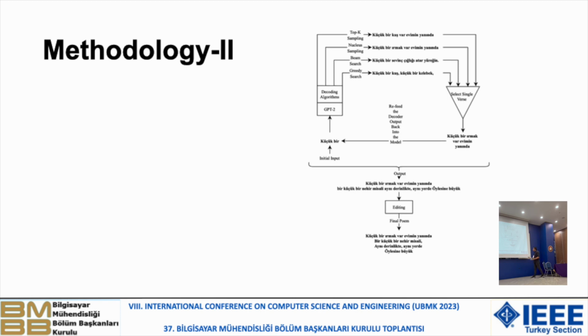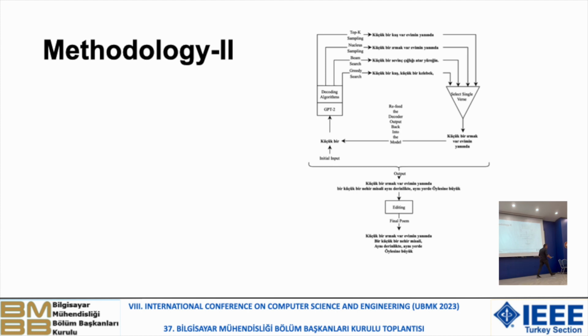These are the details of how the process works. First, we choose a starting word. The quality is a bit low resolution here, but I will try to explain it. You choose a word to feed the GPT-2 model first. You feed that, and after that, you put in a decoding algorithm. Like I mentioned, it can be top-k sampling, nucleus, beam, and the bottom.